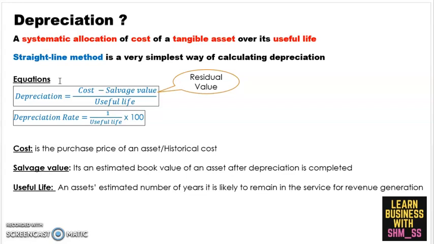Depreciation is a systematic allocation of cost of a tangible asset over its useful life. We already saw this definition in the separate video made exclusively for depreciation, and this is just to remind or recall the definition of depreciation for better understanding.